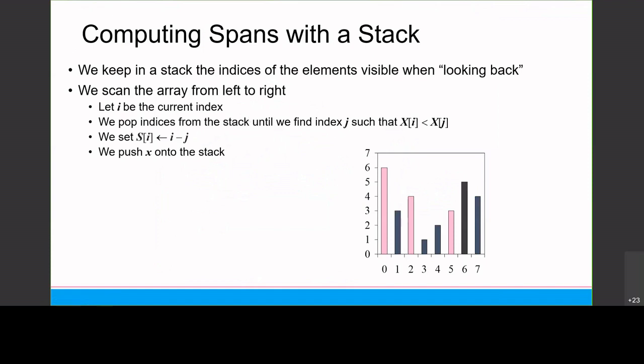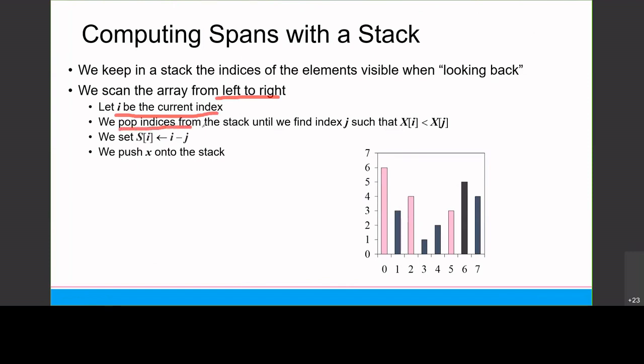Now, if we want to use stack, how can we use stack? The stack is how we can use every index of the element and then look back. So the algorithm will be like this. We scan the array from left to right, and let i be the current index.